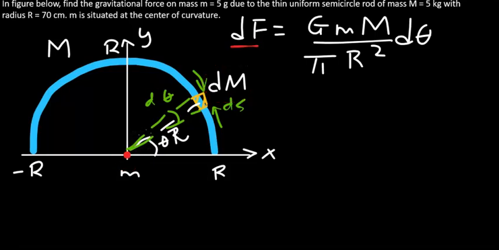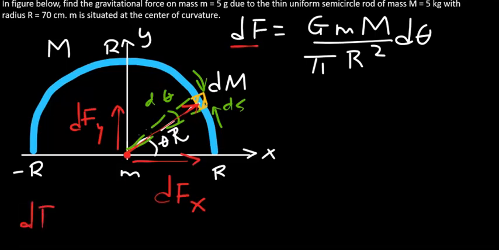The direction of that force will go like that. Remember, the force dF is a vector, so it has two components. It has the x component, we can call it dFx, and the y component, which is dFy. dFx is quite simply dF times cosine theta. This is from trigonometry, where theta is the angle between the center of the element and the x-axis.